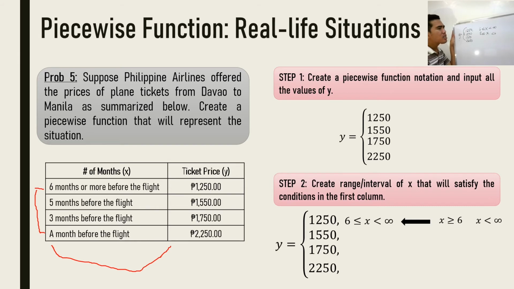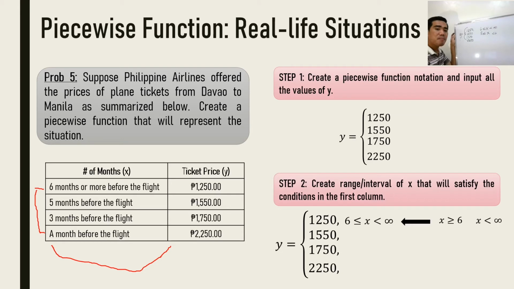Okay? Sir, why not less than or equal to 6? Because they would overlap. If you fly at 6 months, what is the cost of my ticket? It belongs to the other side, so 5 belongs here and 6 months is not included. That's why it is less than. Follow?